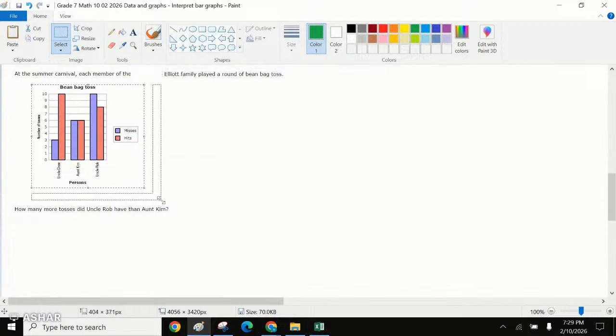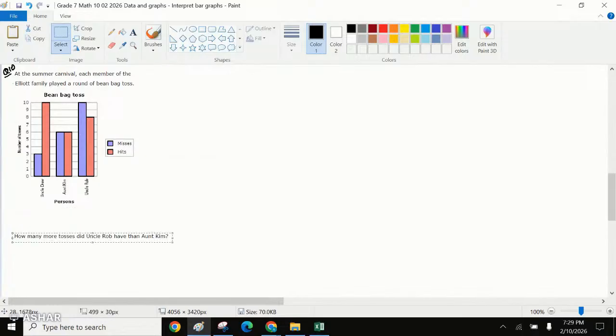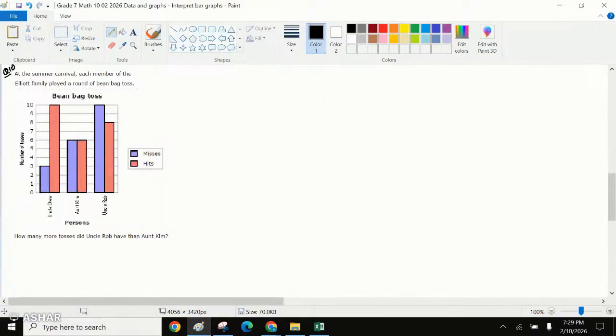If this is our given question. Okay. At a summer carnival, each member of Elliot family played a round of beanbag toss. Okay. So it shows us certain information. Let's resize. Okay. Misses and hits. Misses are with a purple, hits with our red.